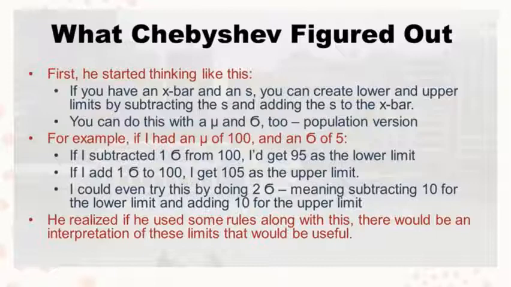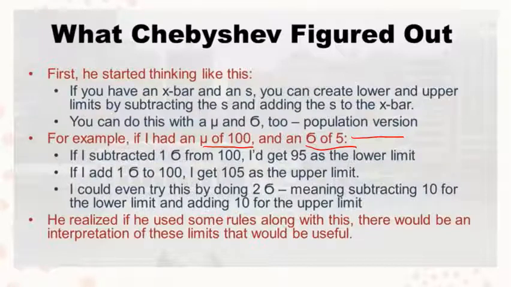So anyway, if you had a mu, remember what mu is, the mean, of 100, and then a standard deviation of 5. Pretend that's what we had. I don't know where these numbers came from or what they mean, but pretend we have a mean of 100 and a standard deviation of 5 from some data set.